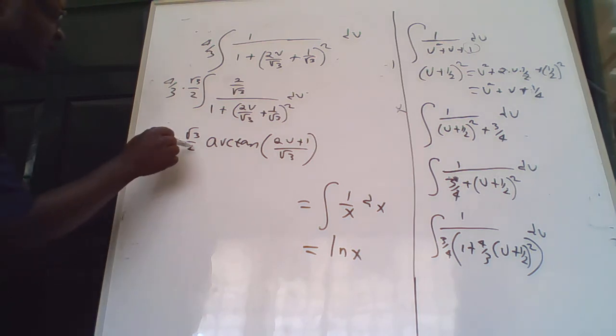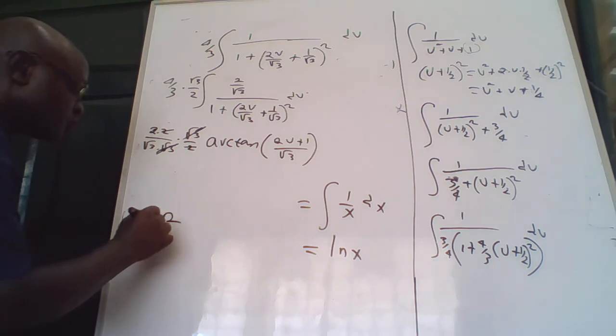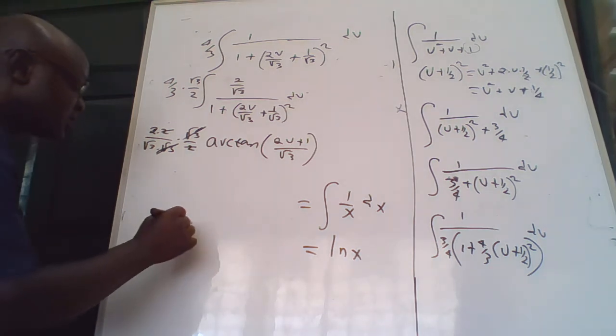But these two will cancel that 2, this root 3 will cancel that root 3. Therefore, will remain 2 all over root 3.